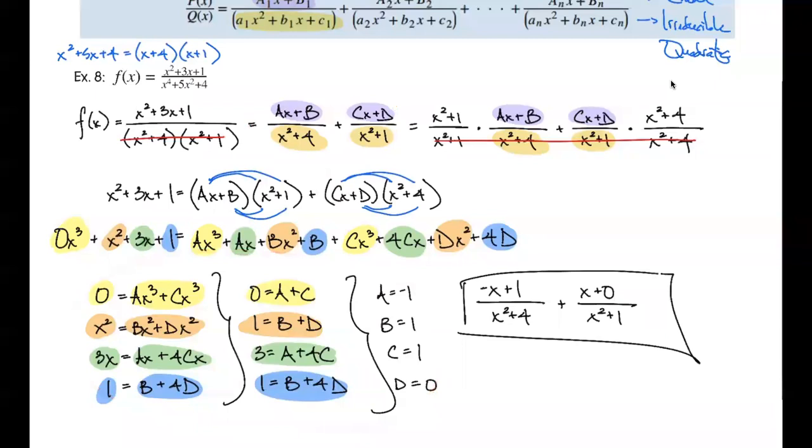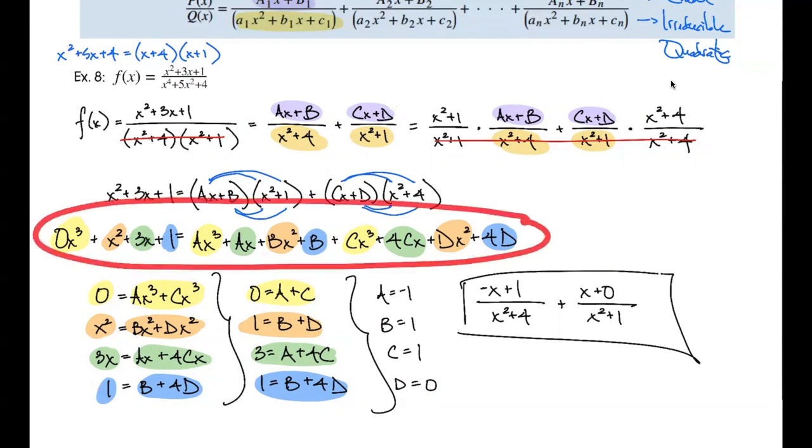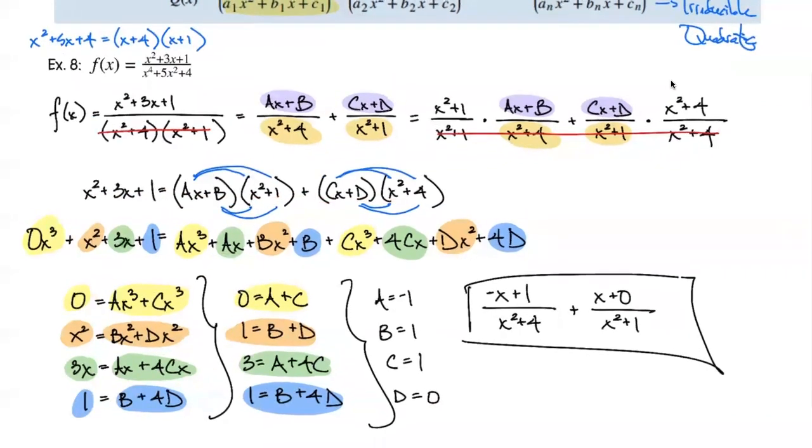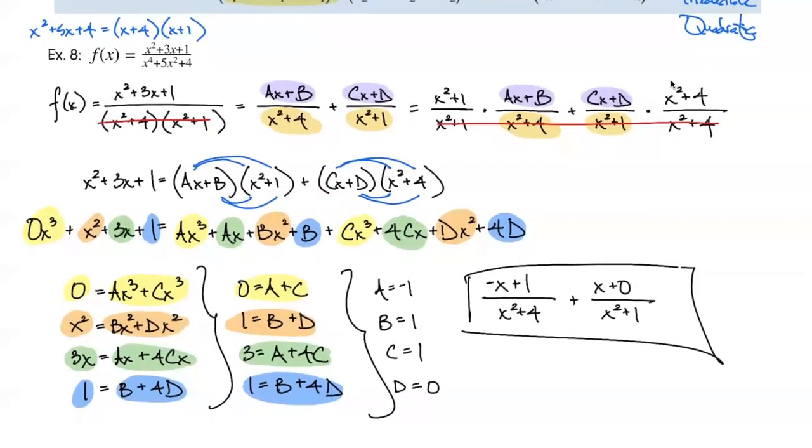When can you plug in a nice, clever number? When can you not? And if you can't, what do you have to do in order to find the values you're looking for? All right, any questions on this one before we move on to the last example here?